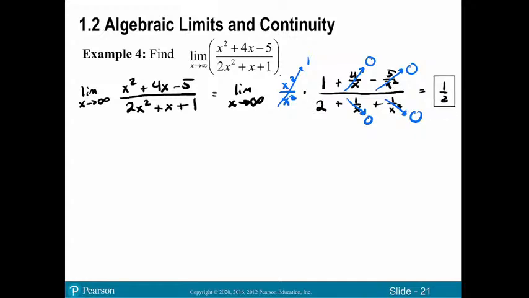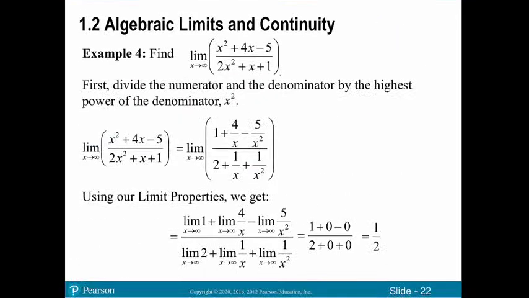Okay, hopefully that's okay. Let's compare that to the prepared notes. First we divide the numerator and the denominator by the highest power. I think they did the same step. And then the limit as x goes to infinity; I didn't write that last part, but that's essentially what we did.